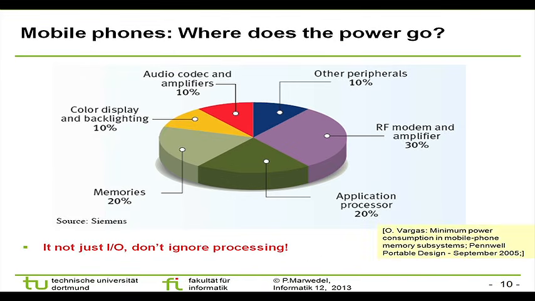Now let us look at where the power goes in a particular mobile phone. Is it only in processing? This pie chart shows that around 30% of power is consumed in the modem and the amplifier. Application processors take 20%, memory takes 20%, color display and backlighting 10%, audio codec and amplifiers 10%, other peripherals 10%.